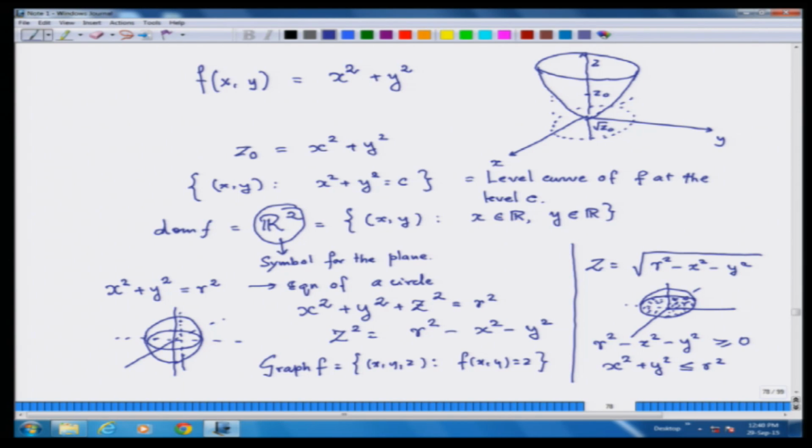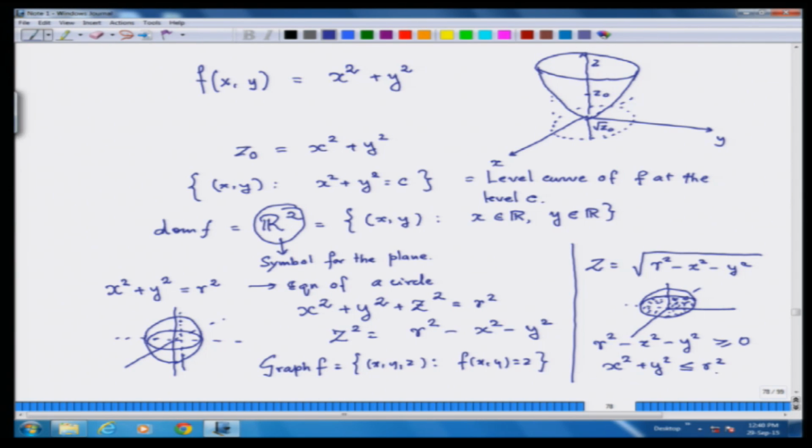But once it comes to 3 dimensions, things become slightly difficult. That is why, I do not know, solid geometry courses are almost abolished from the school level, but it is a very, very good thing that if somebody has an understanding of solid geometry, he has a much better understanding of functions of 2 variables.